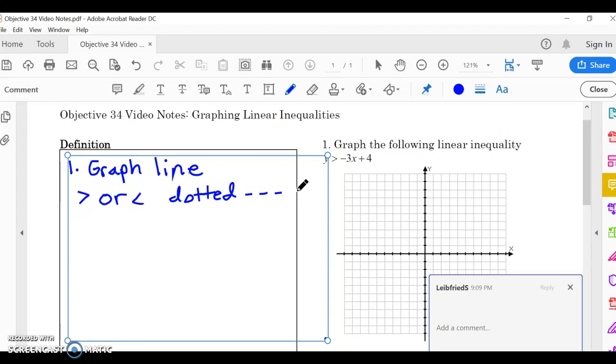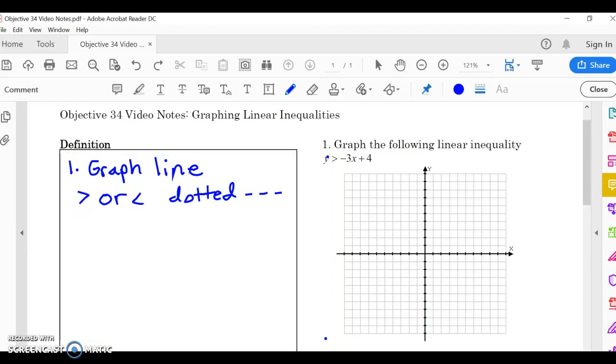If the inequality has a greater than or equal to sign, or a less than or equal to sign, then we're going to have to draw a solid line.